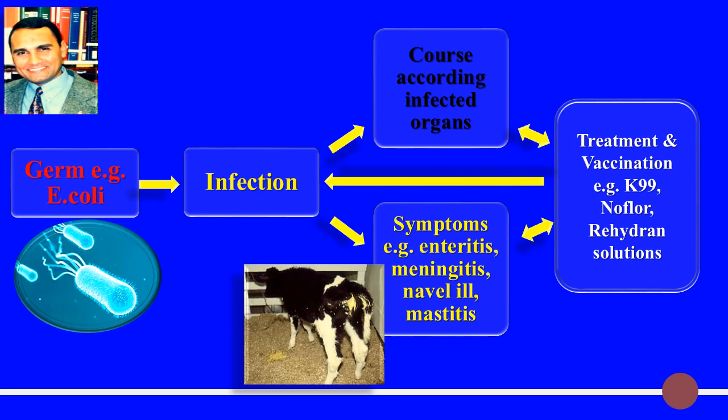Treatment and vaccination of animals use K99, no-fluor, and rehydrin solutions, and in humans, antibiotics are applied for those affected during food poisoning. So, germ theory is a modern and acceptable theory. We are working with it.